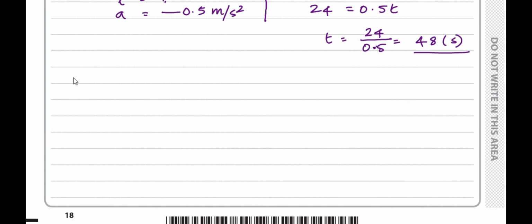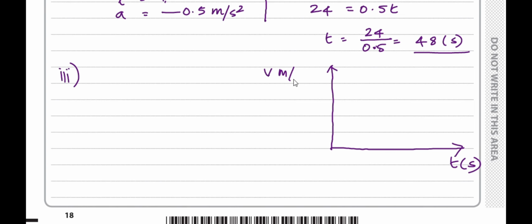The question then asks, sketch out the velocity time graph. So what we do here is put the two axes, y and x. Okay, this is time in seconds. Label everything because there is a mark for everything. v meters per second.